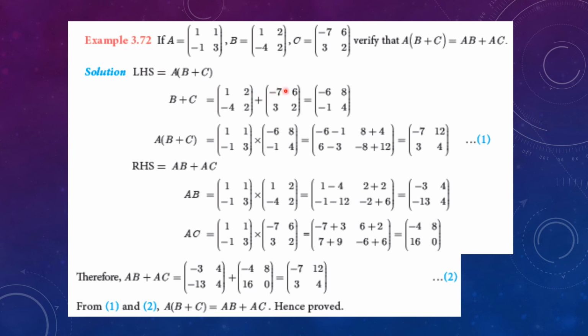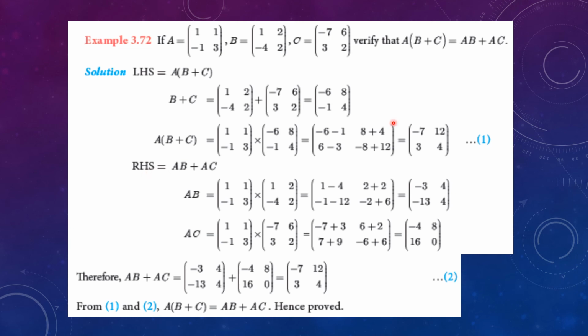Then second element with second element. Third element with third element. And fourth element with fourth element. We will get this answer. Then A into (B plus C). Now we are going to multiply the A matrix with this B plus C matrix answer. Multiplication, we will get the answer that is marked as 1.